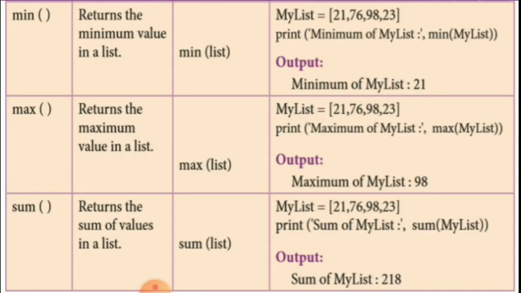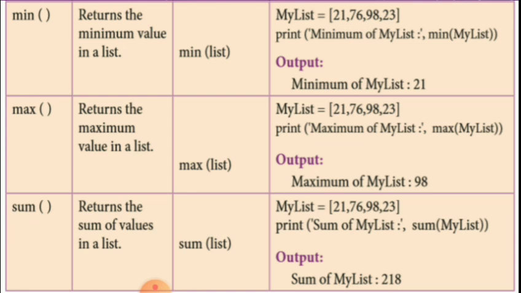Here we can see the min function. It returns the minimum value from what we gave in a list. In the example you can see my list: 21, 76, 98, 23. Within this list, which one is the minimum value?